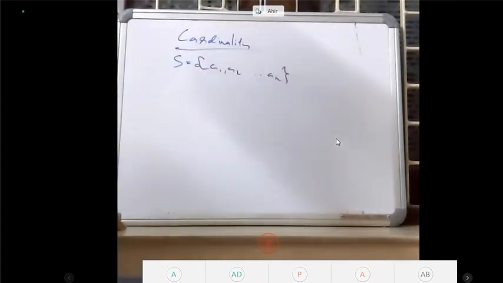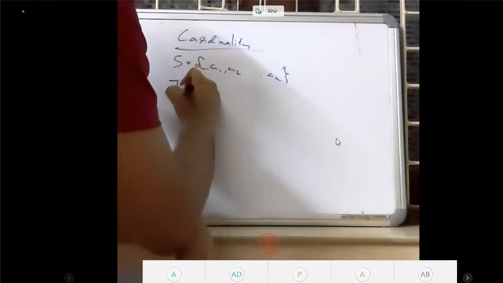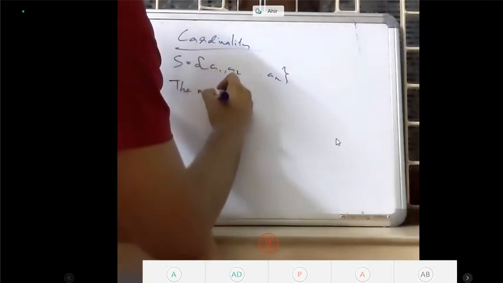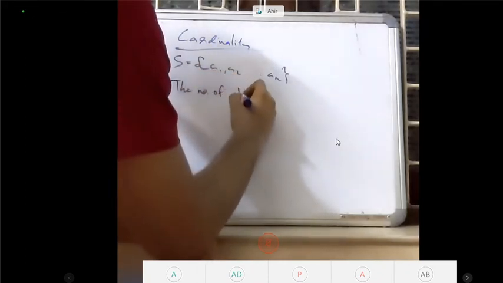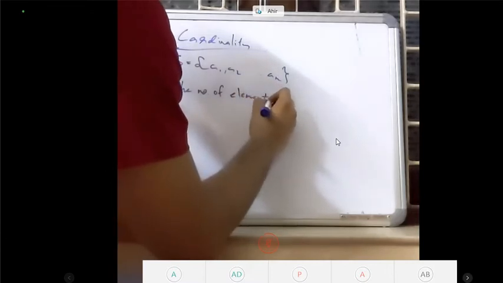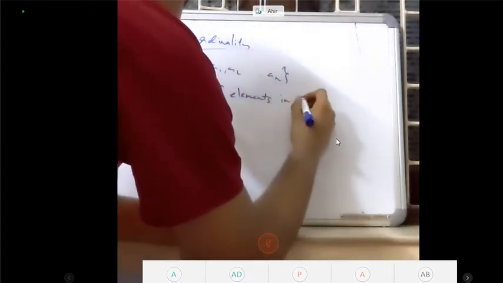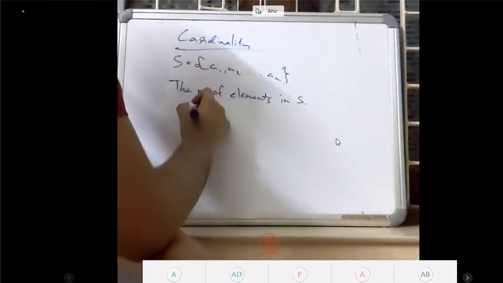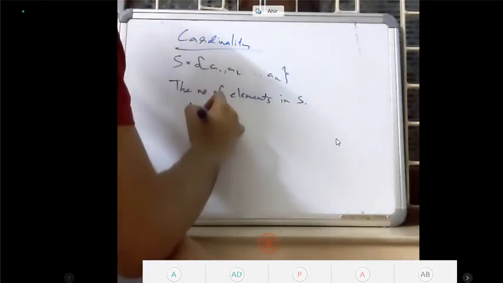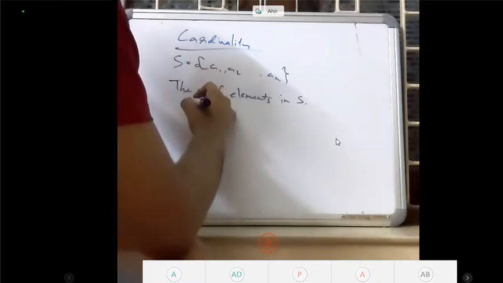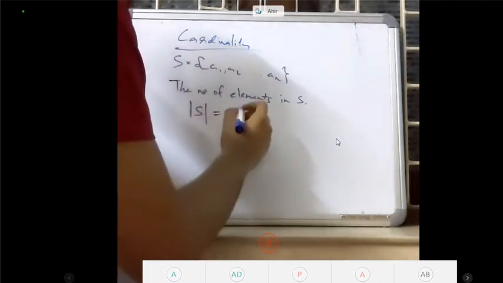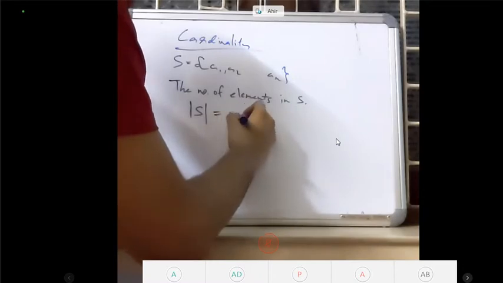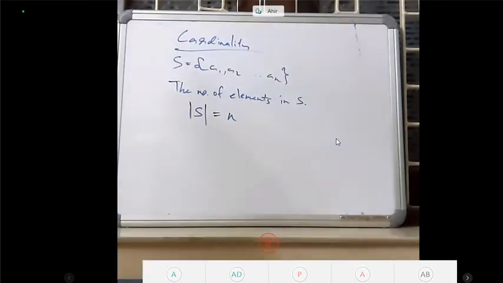Then we define cardinality as the number of elements in S. So in this case, the cardinality, which we write with the modulo sign, of the set is n, because we have n elements.